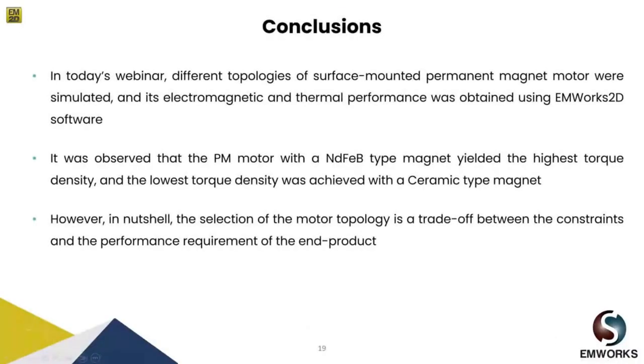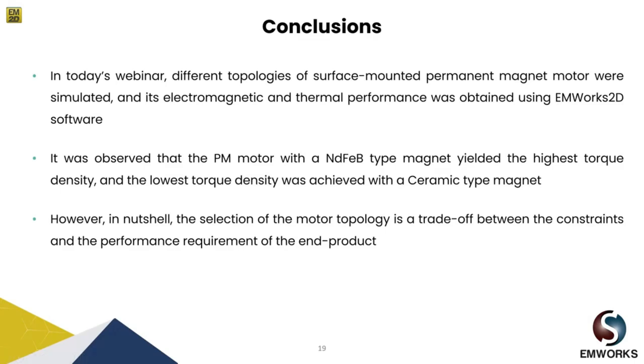So in today's webinar, different topologies of surface mounted permanent magnet motors were simulated, and their electromagnetic and thermal performance was obtained using EMWorks 2D software. And we observed that the motor with NdFeB type magnet yielded the highest torque density, and then the samarium cobalt, and then comes the alnico, and the lowest torque density was achieved with a ceramic type magnet.